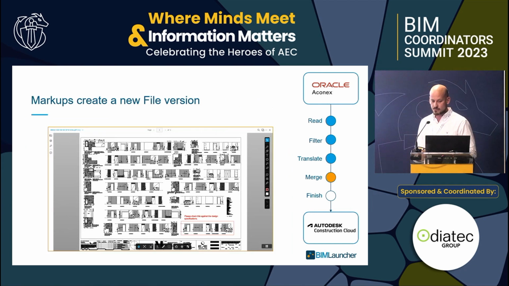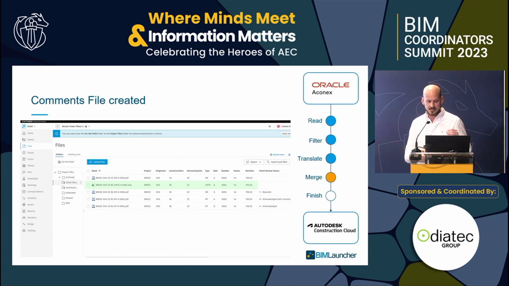Any documents that are marked up and transmitted to your organization in Aconex post-review are then transferred across into ACC, and you can see that this marked up file is available within the ACC document viewer for your design teams to access as well. And you can see here, finally, the comments sheet, the XLSX file that we generated back at the translation step, has been uploaded into the ACC files tool beside the original document.